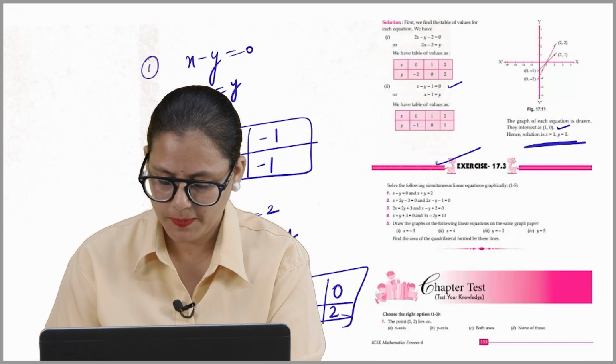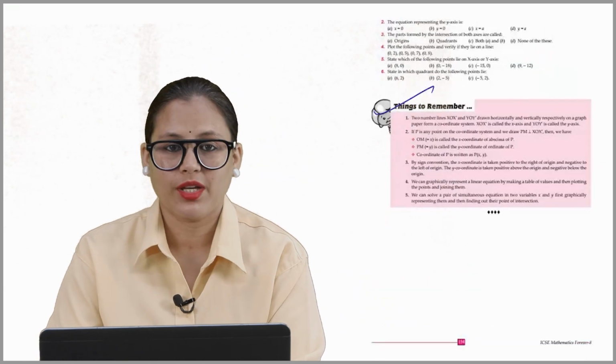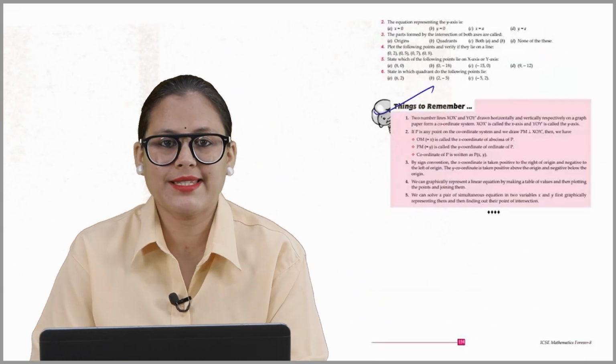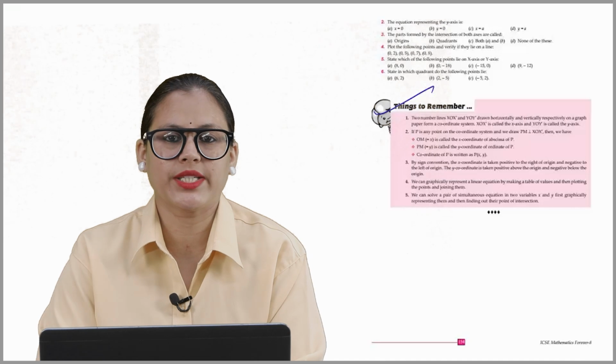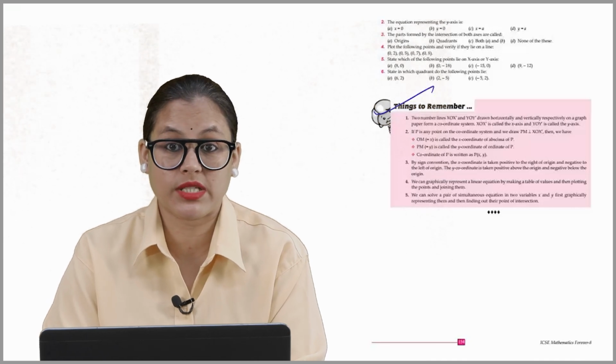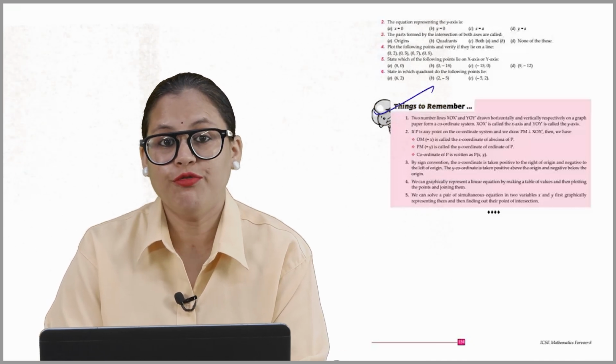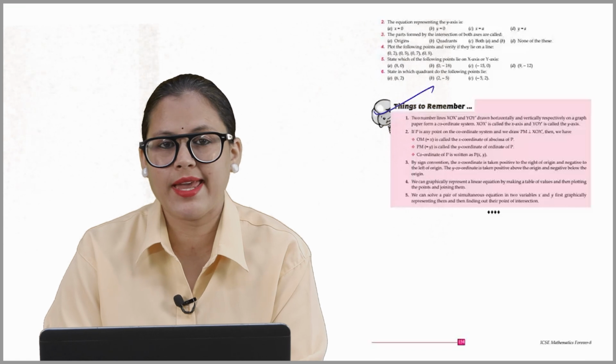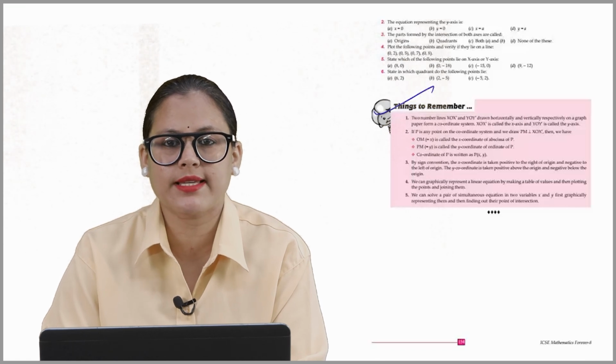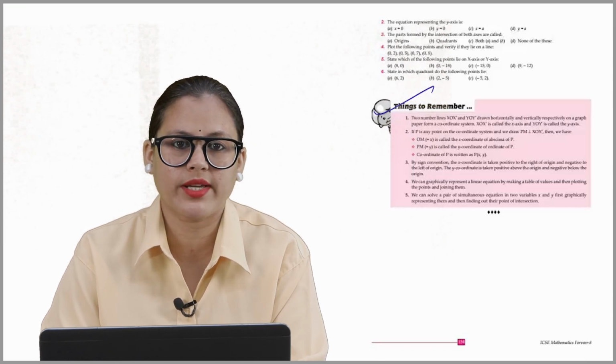Things to remember. Number 1, two lines XOX' and YOY' drawn horizontally and vertically respectively on a graph paper form a coordinate system. XOX' is called the x-axis and YOY' is called the y-axis.